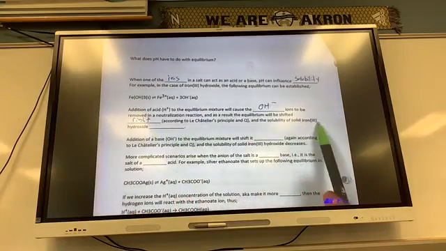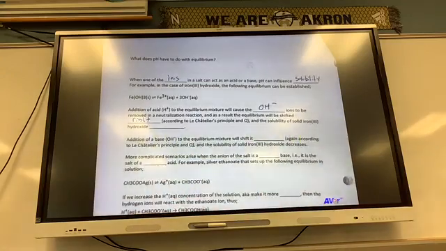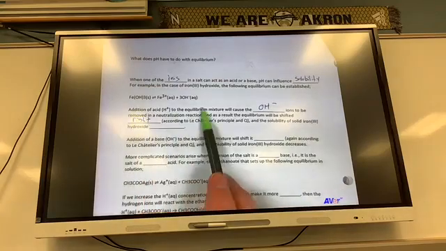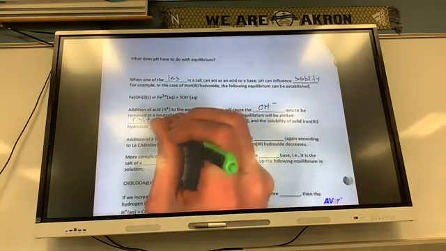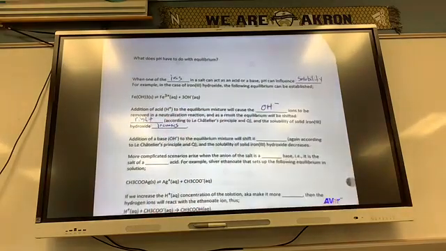And the solubility of iron(III) hydroxide is going to do what? It's shifting to the right, I'm getting more ions. Increase. It increases.